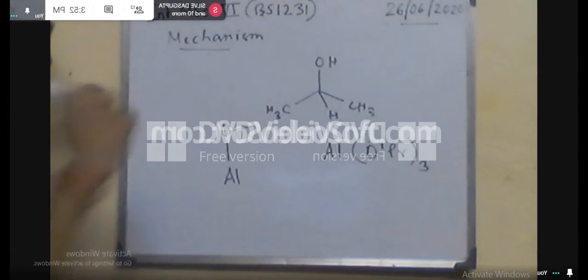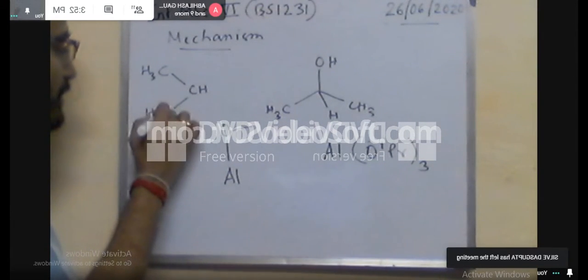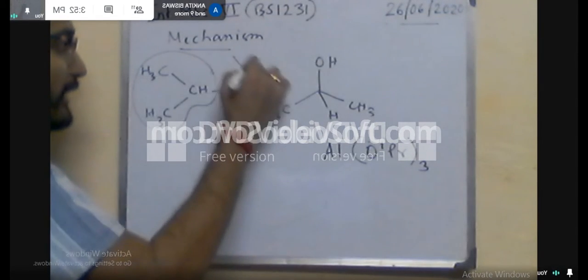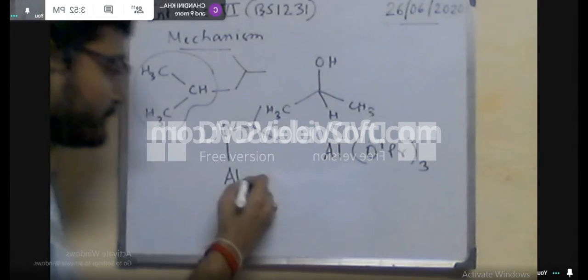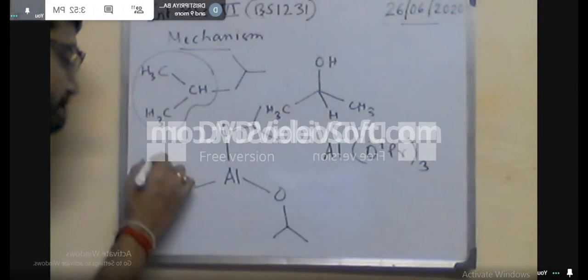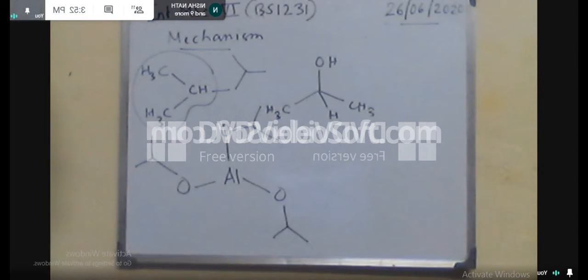So in the first step, the isopropanol and aluminium isopropoxide, it will attack here, isopropoxide will leave the molecule, and this is a reversible pathway because isopropoxide will leave and it constantly abstracts the proton from here and makes it more nucleophilic.